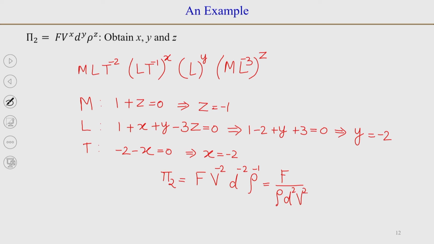So, we have found the two dimensionless groups as we discussed before. This is basically the drag coefficient, force per unit area divided by rho v squared, and this is called drag coefficient.